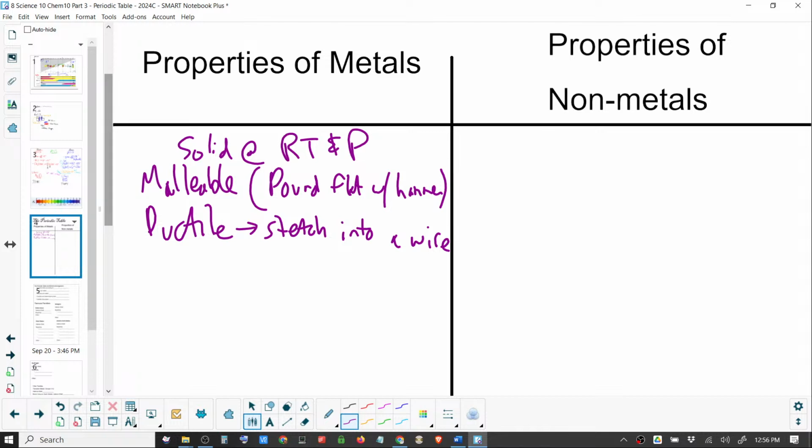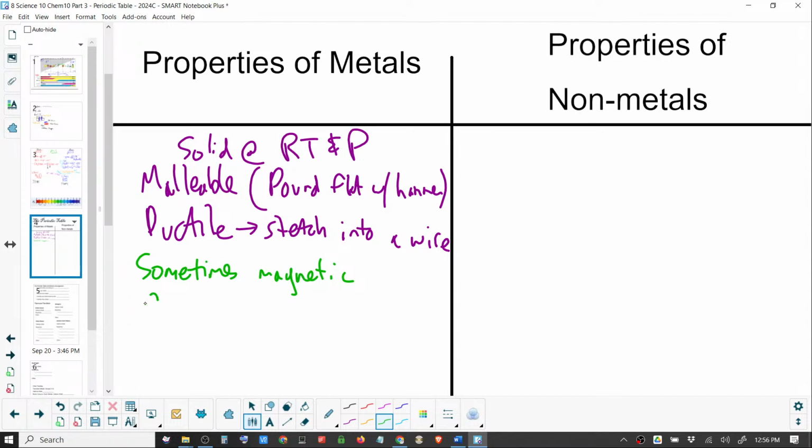The other class missed that one. Sometimes, not often, but sometimes. There's only really like 3 that you'll ever come across. But one of them, iron, is pretty common. Yes? It's a good conductor of electricity.